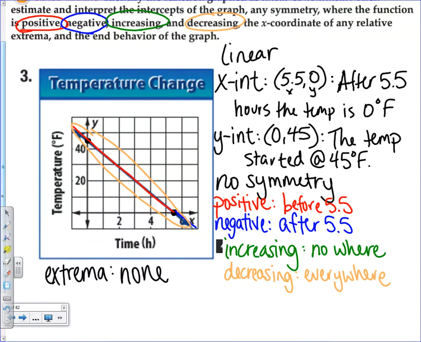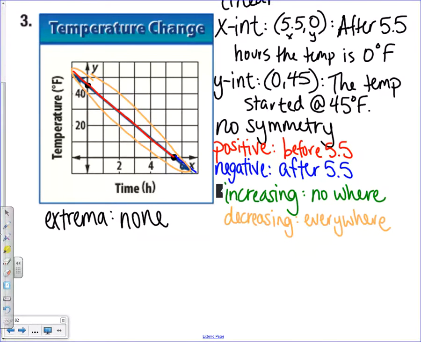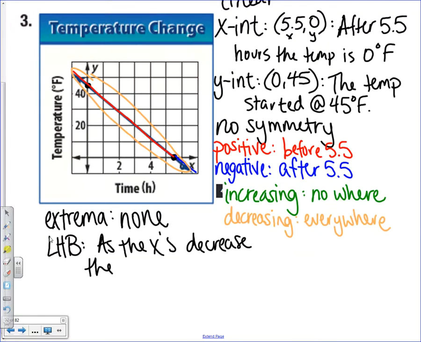Okay. Last but not least, what do I got? Behaviors. Let's start with left-hand behavior. On the left, as the x's do what? As I go to the left, what happens to the x's? As the x's decrease, the y's do what?